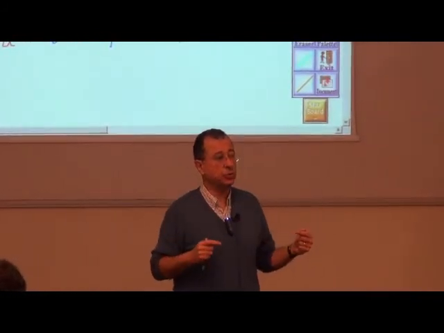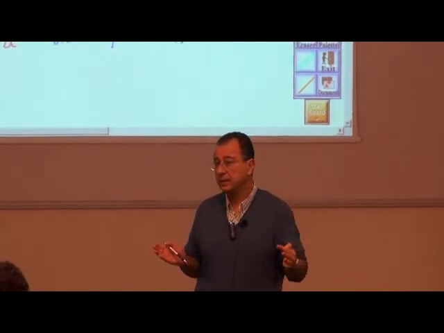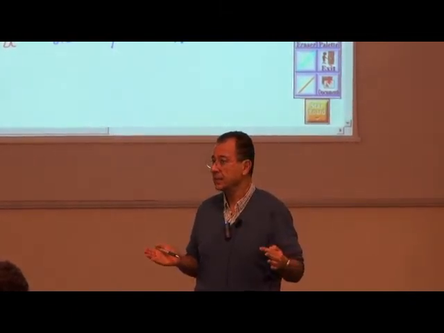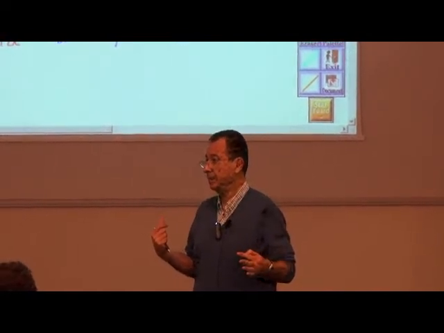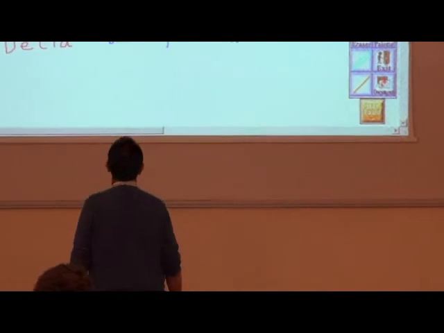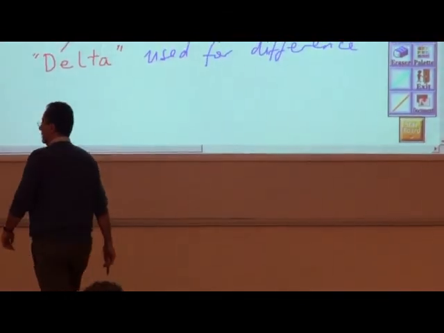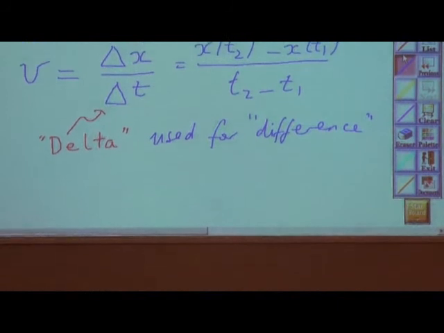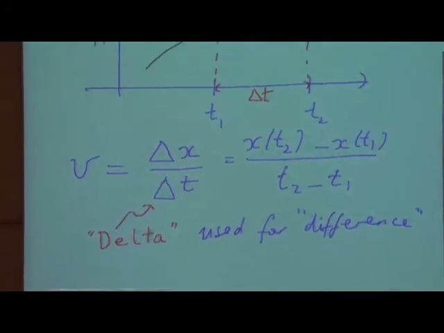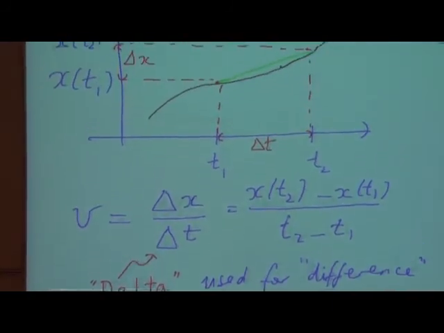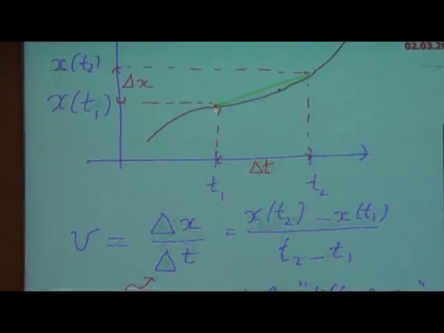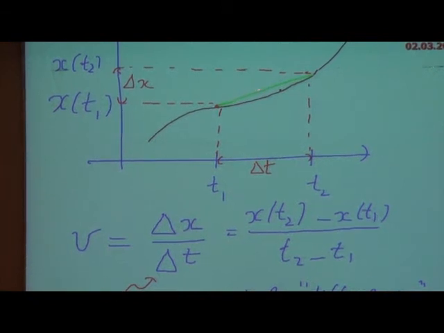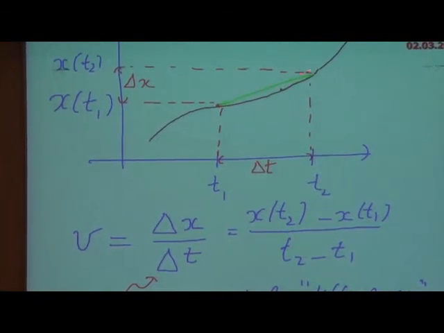Between t1 and t2, the particle is not always moving with the same speed. And you can see this on the graph. If between t1 and t2 the particle was moving with the same speed, its trajectory would be just this, because at any moment it would have the same slope.